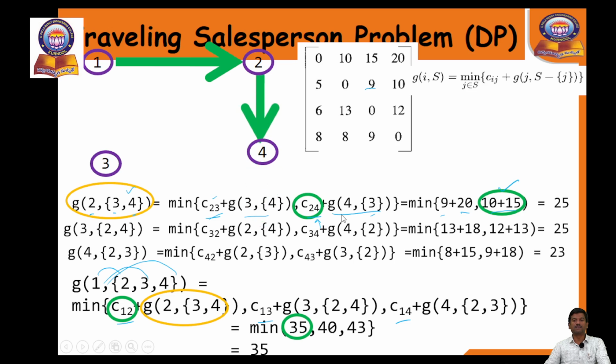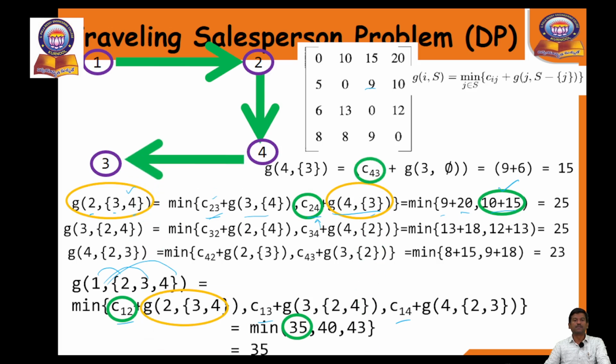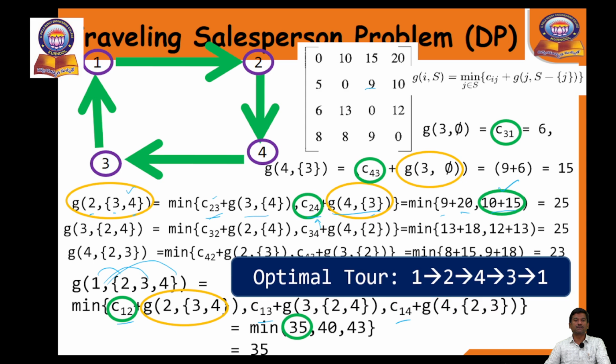Similarly, G of 4 comma 3 gives the edge from 4 to 3, and G of 3 comma pi gives C31, so the path is from 3 to 1. This leads to the minimum cost of 35. This is how we can solve the traveling salesperson problem using the dynamic programming concept.